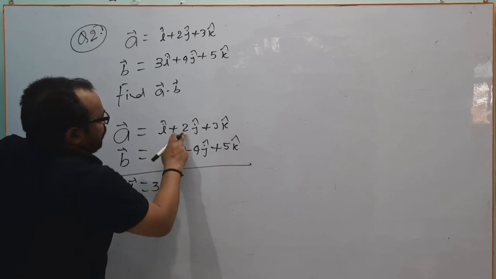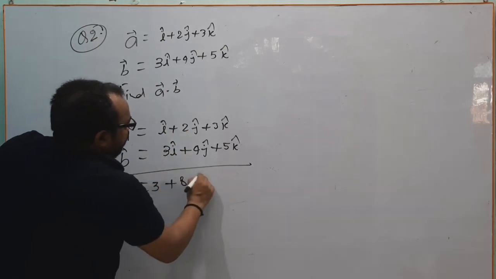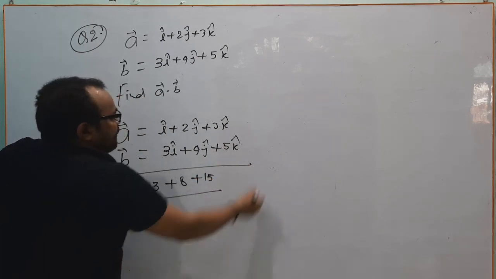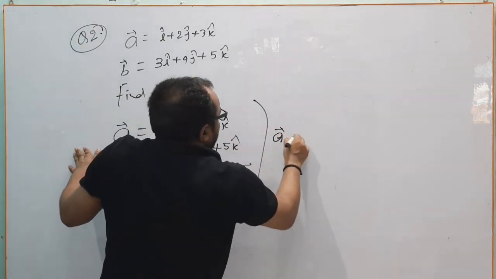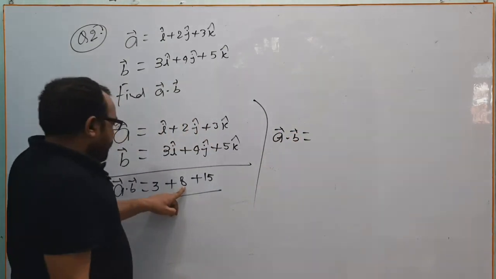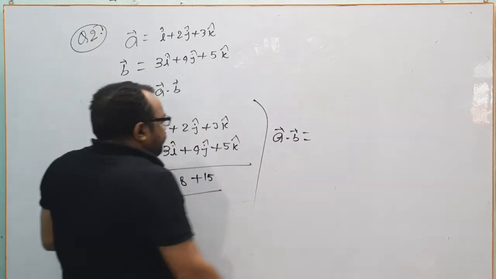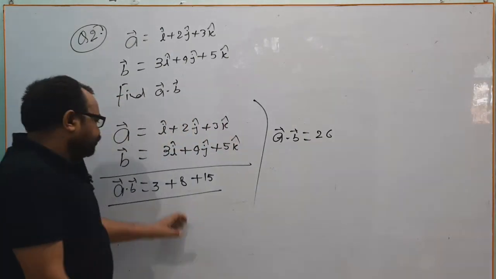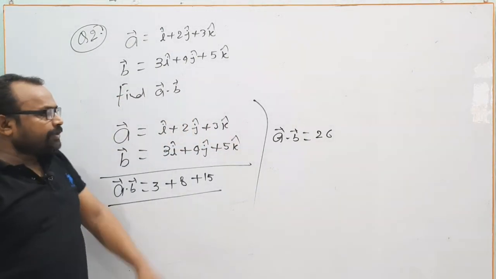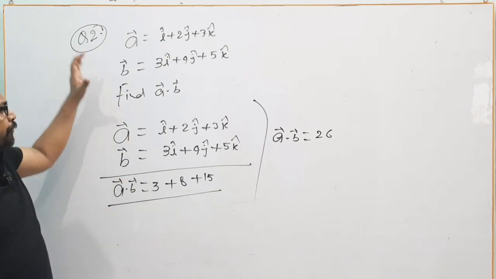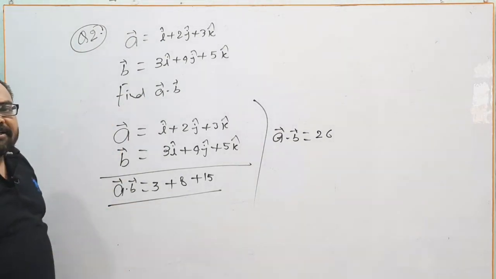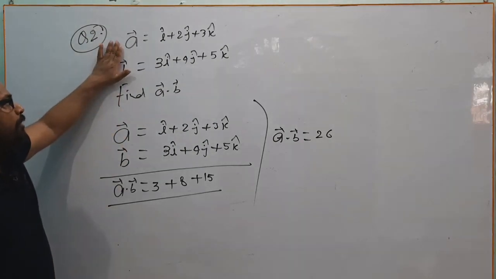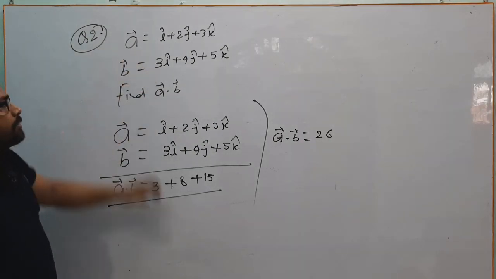Similarly, 2 multiplied by 4 is 8, and plus 3 multiplied by 5 is 15. Now the answer is A dot B is equal to 3 plus 8 plus 15, which means 26. This is the answer, and this is the easiest method for solving numerical problems like this.